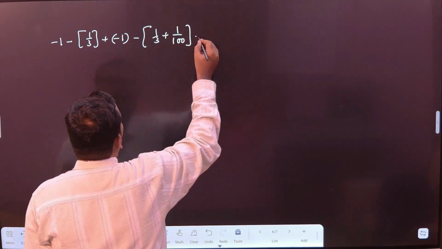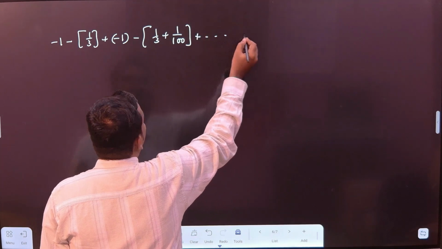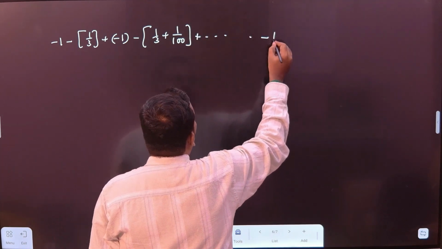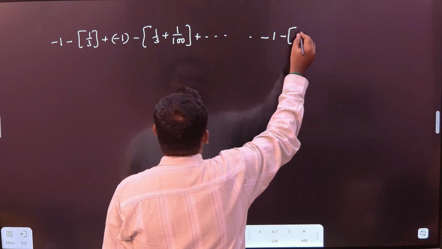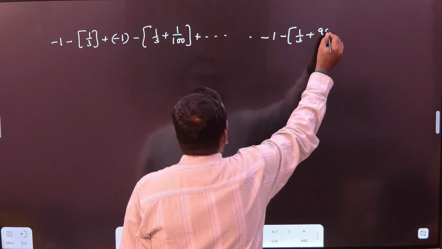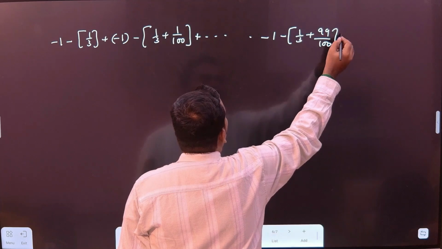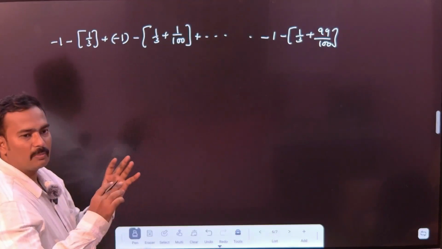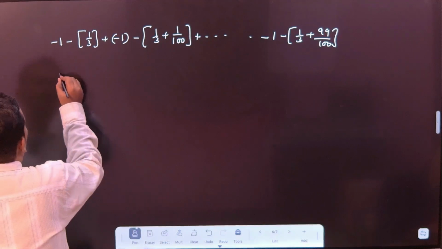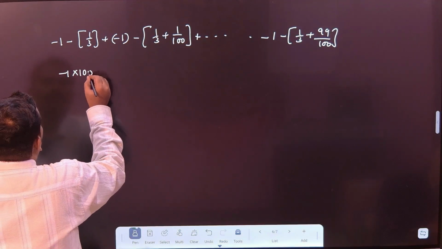Same way you can do it, right? Next term, minus 1 minus the greatest integer function of 1 by 3 plus 99 by 100, we can write. Clear? How many times is minus 1 adding? 100 times. Minus 1 into 100.